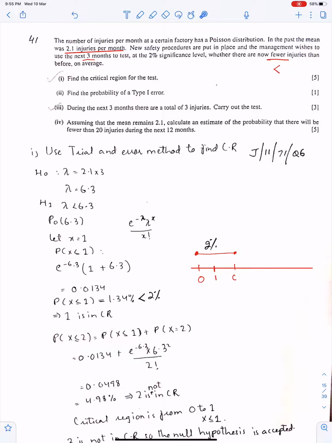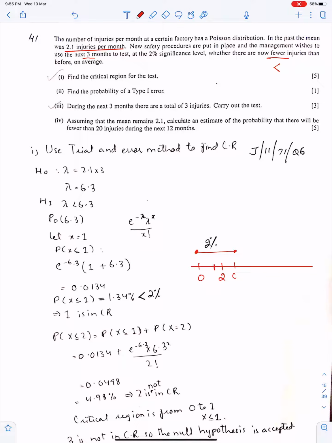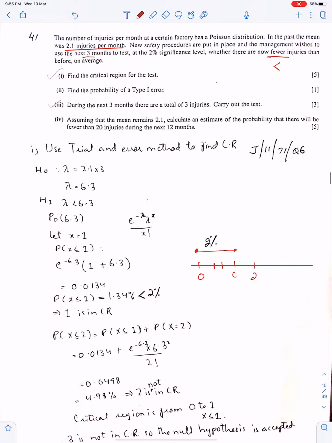Now check the probability of 2. Now this probability is too large. So this probability is greater than 2%. That means 2 is not in the critical region. 2 must be here in the acceptance region. So the critical region will be 0 and 1. This is the critical region.